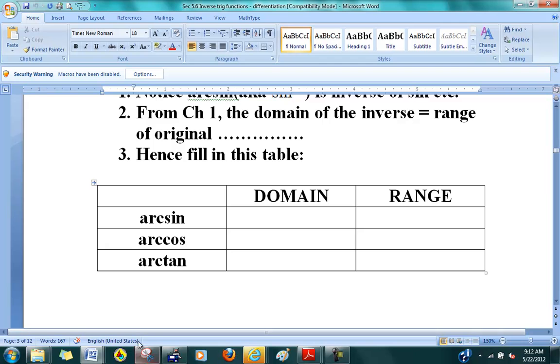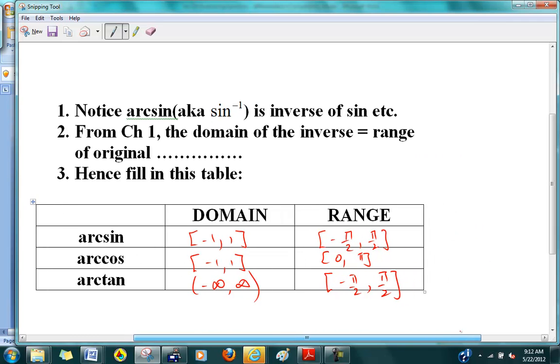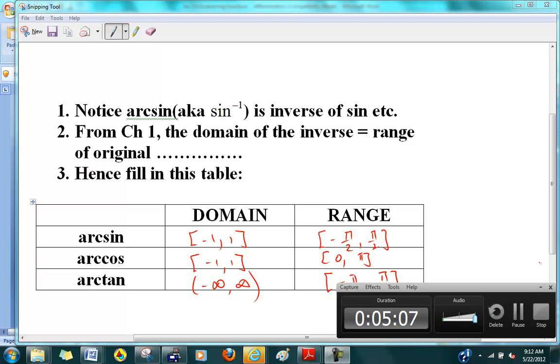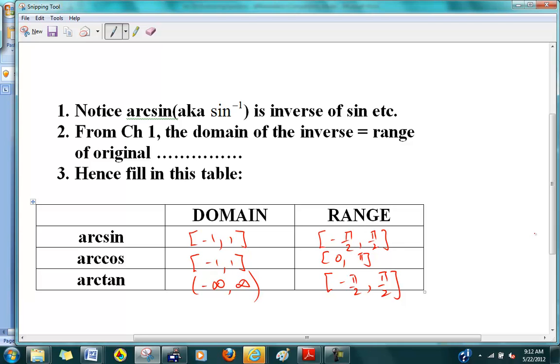Notice that if I give you an arc sine of an angle, which two quadrants is the answer going to be in for arcsine? Hello? 1 and 4 are cosine.